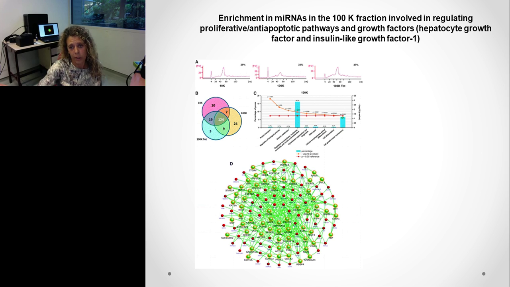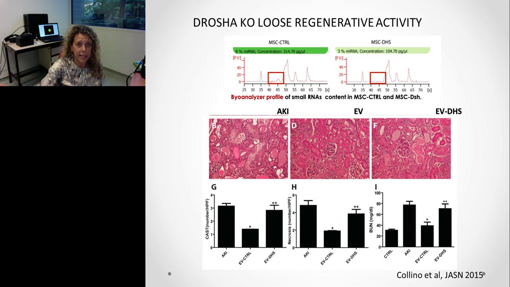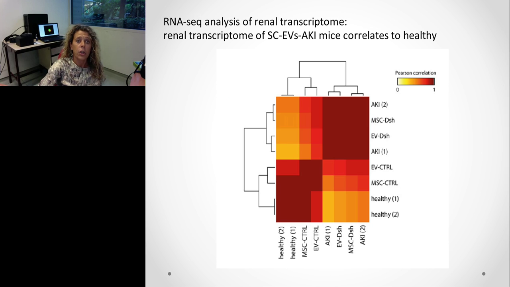So that's an analysis of the RNA-seq of the tissue, showing that the renal transcriptome of the mice treated with EVs without microRNAs was very similar to that of damaged AKI mice.